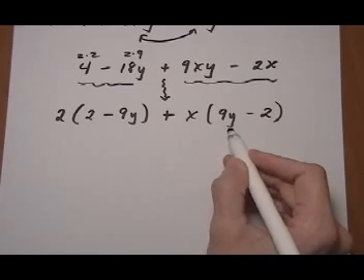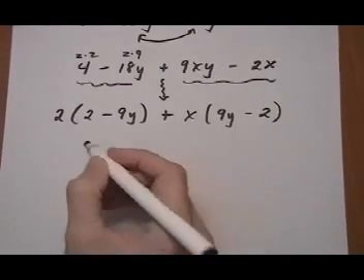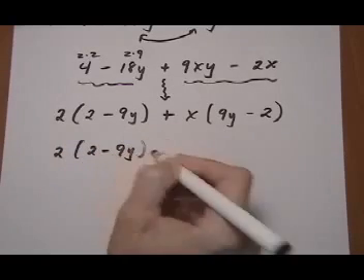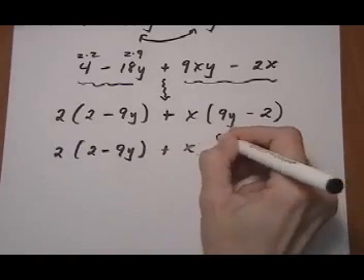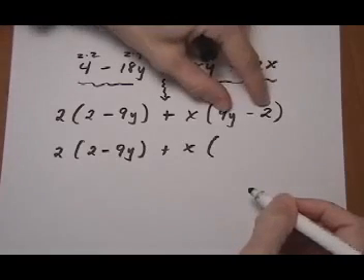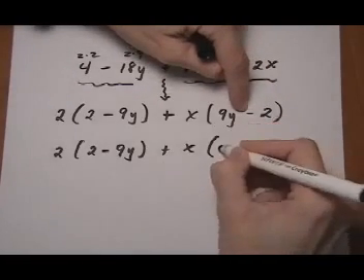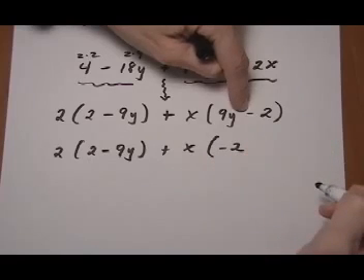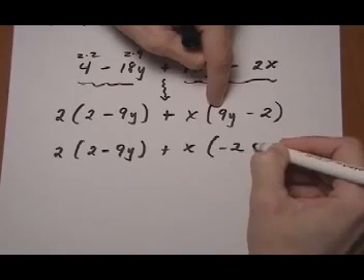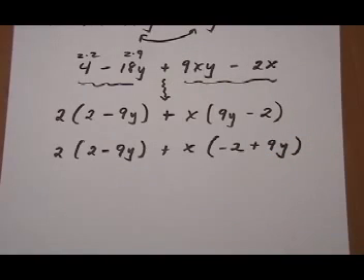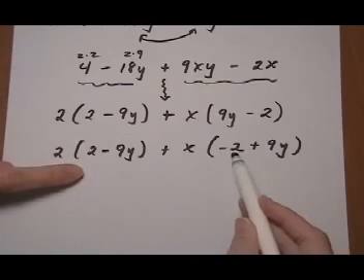It doesn't matter which one I rewrite, so I'm just going to keep the first one the same. Again, I can move terms around as long as I keep the sign in front of them. If I move the 2 to the front, the minus goes with it, minus 2, and the 9y going last is positive, so plus 9y. All right, now they're in the same order.